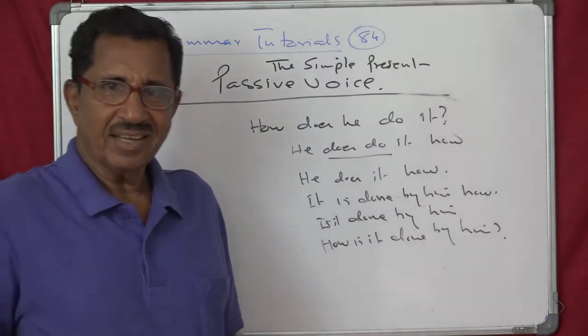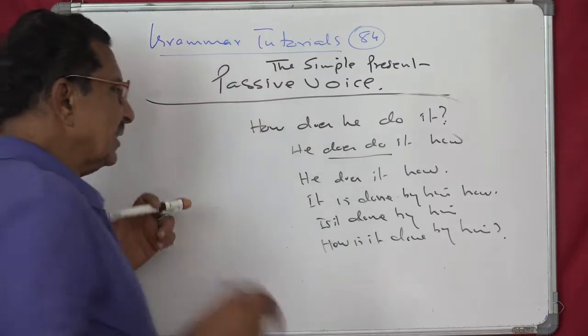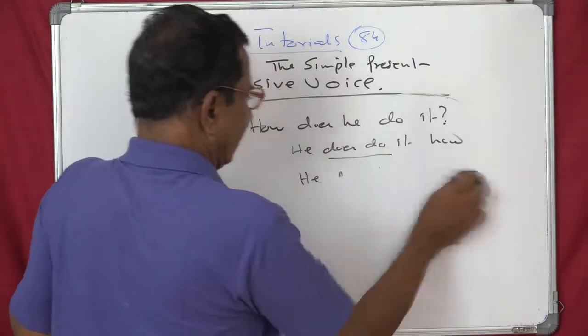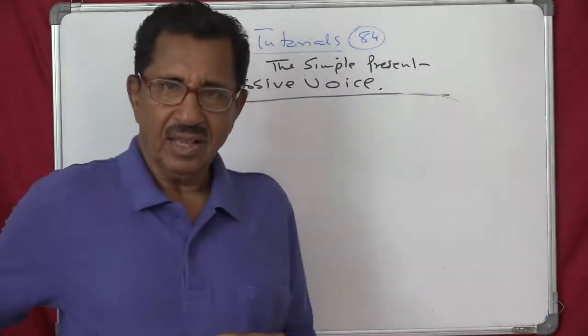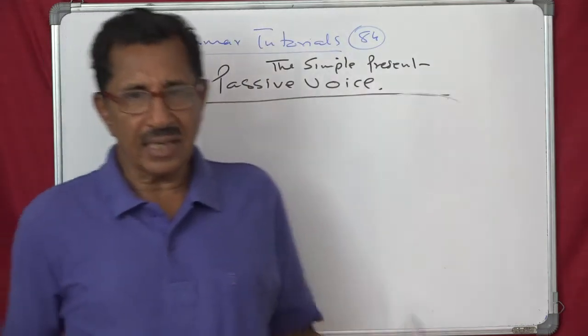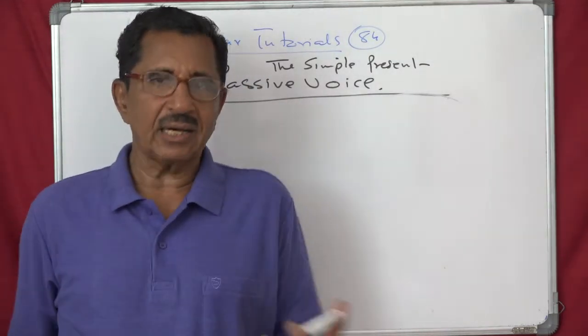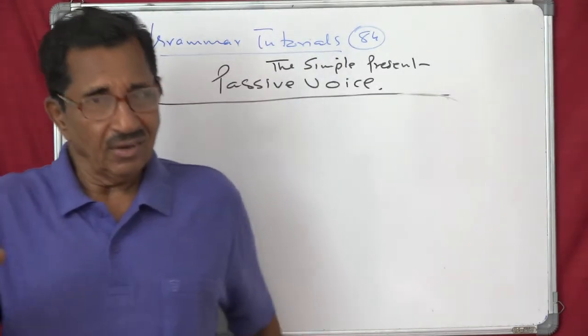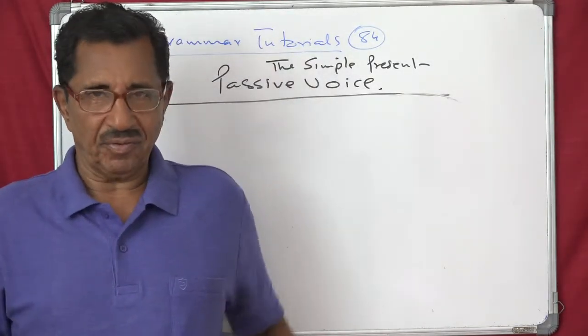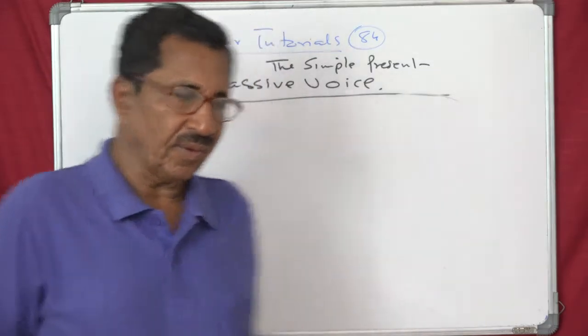Understand? Simple? Yes. Statements are unimportant because it is so simple now in this case. The passive formula is always to be plus past participle. Sometimes you will add being, sometimes you will add been, etc. That depends on the aspect. Aspect means whether it is continuous or whether it is perfect. Simple tense is no problem at all.